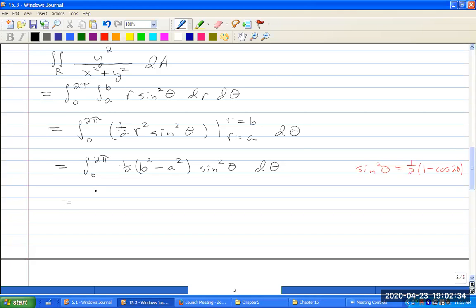So this is equal to integral 0 to 2 pi of 1/4 b squared minus a squared of 1 minus cosine 2 theta.